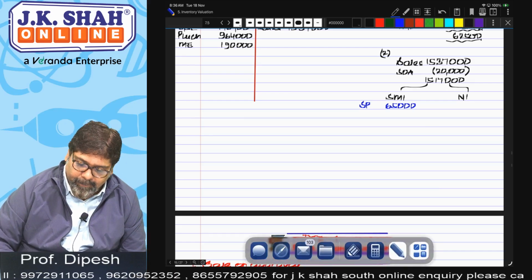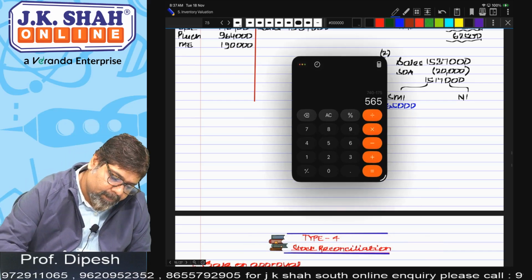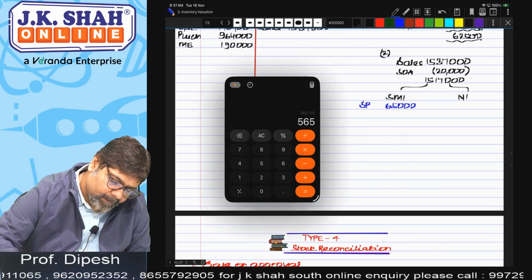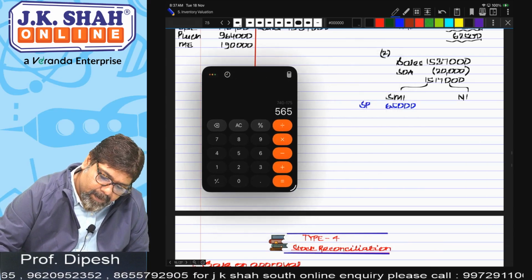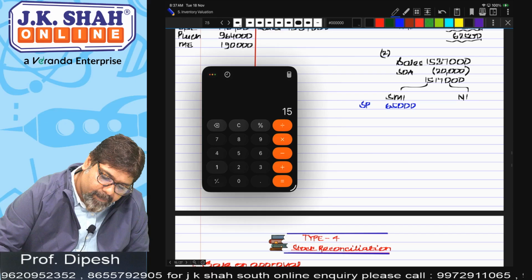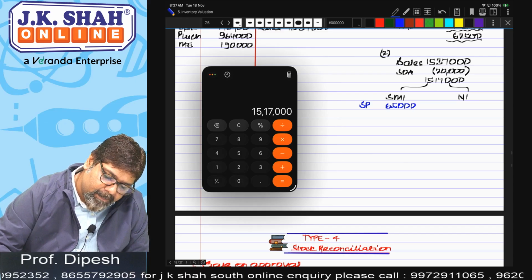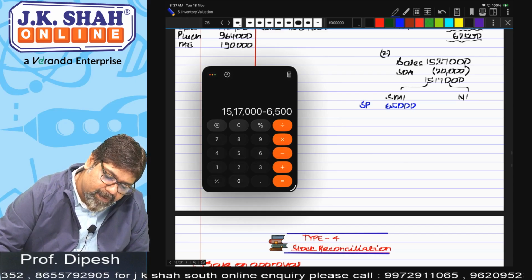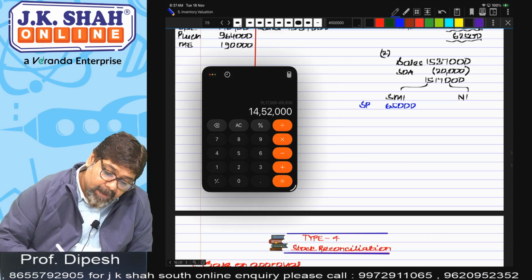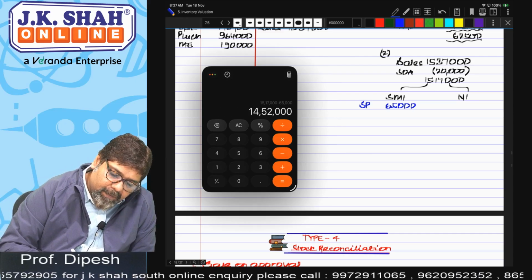Now it is 15 lakh 17,000 minus 65,000 is equal to 14,52,000.